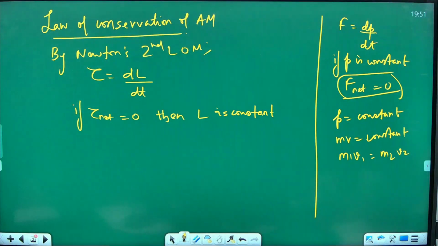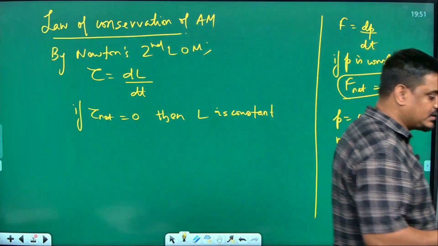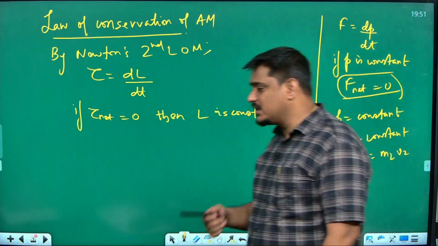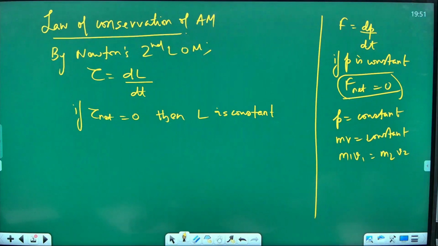In bracket you can write constant. I will repeat this. If net torque acting on the body is 0, then the angular momentum is conserved. In bracket you may also write constant.